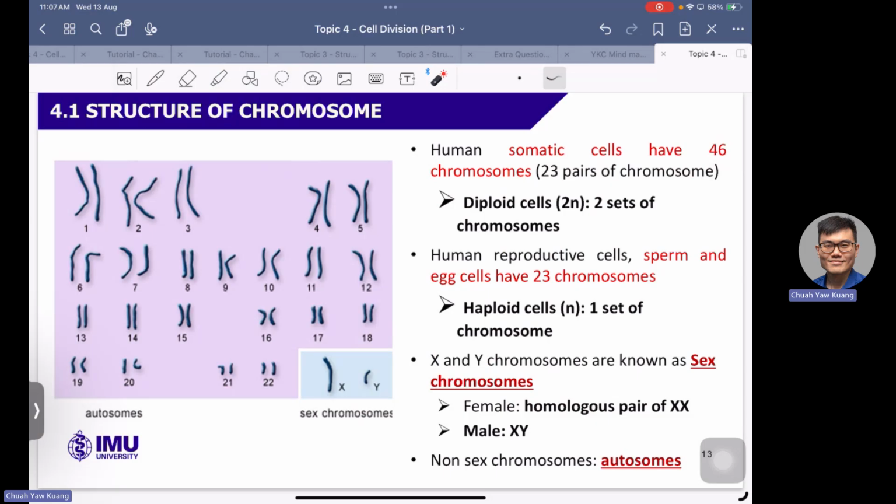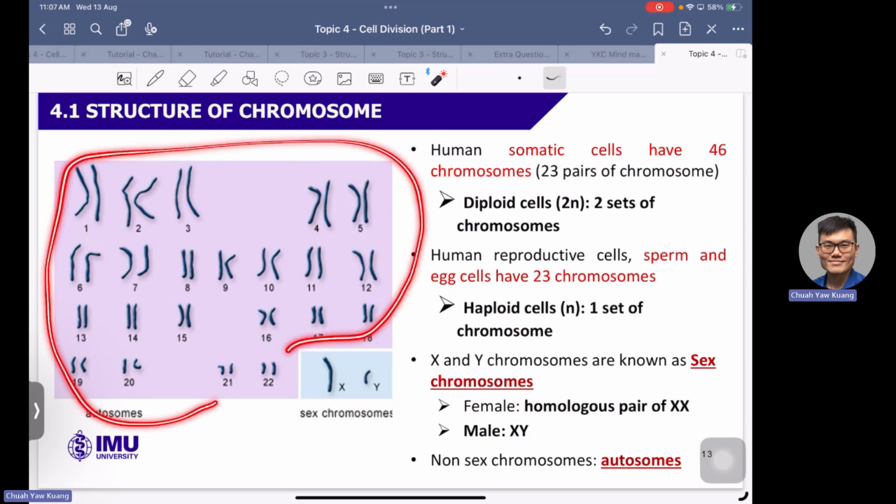So now, just now I named chromosome 1 to chromosome 22. These are the chromosomes that contain the genes that code for your survival, your metabolism, and the functioning of your organs. It's not related to sex determination. So this type of chromosome we call autosome.